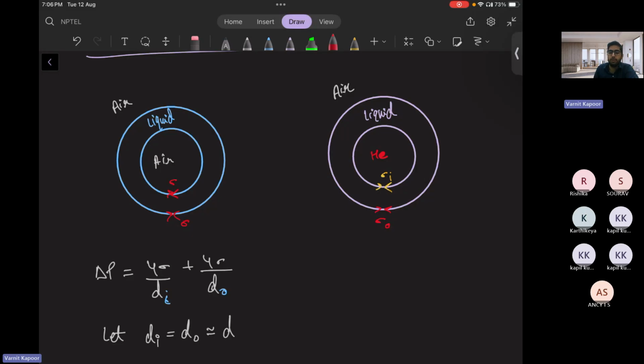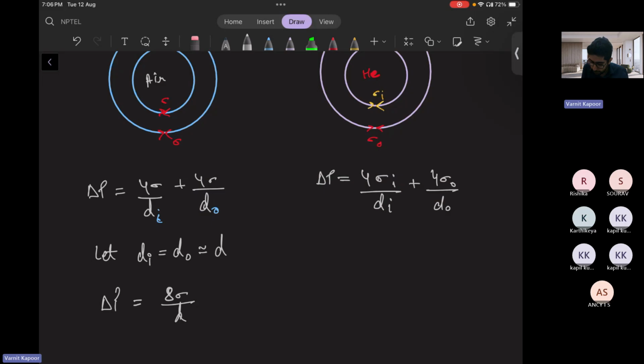So now your change in pressure will look like 4 sigma I by di plus 4 sigma out by d out. If di is equal to d out is equal to d, the pressure difference will be 4 by d into (sigma I plus sigma out).